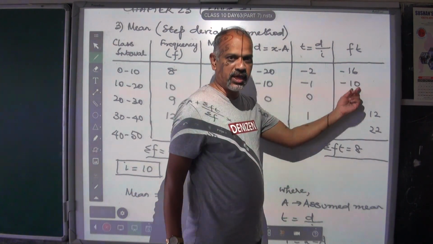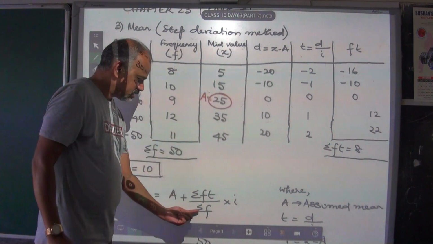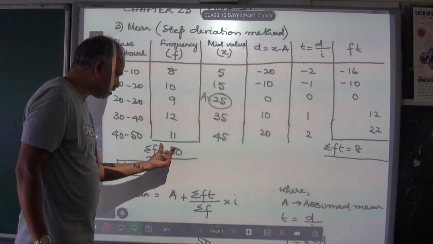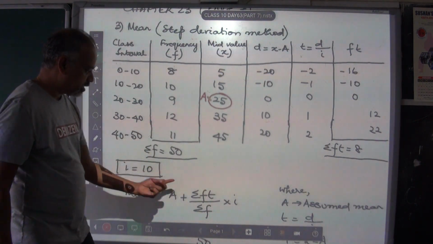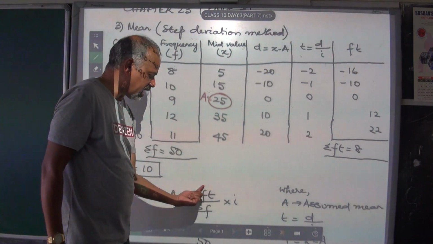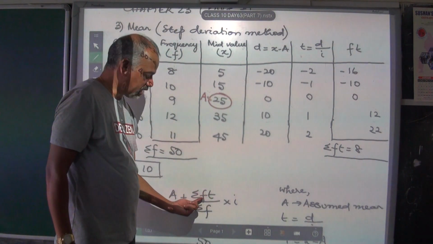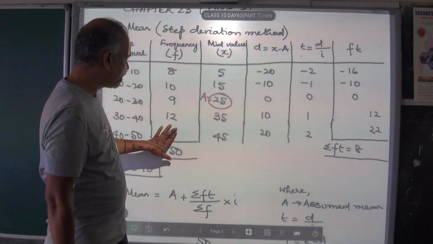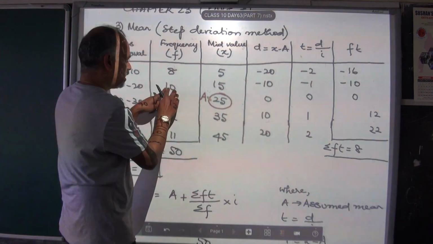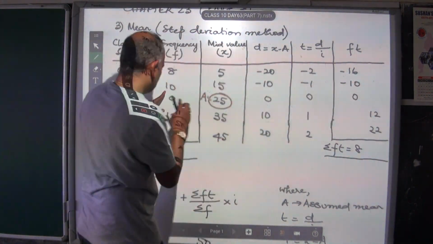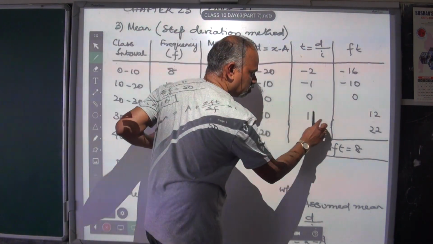And the last column that you have to find is, if you look at the formula, you need A, which is here, sigma f, add up all the frequencies, sigma f is 50, I value I have already written here, I is 10, and the only thing that you have to find is sigma ft, which means you have to multiply frequency with t value, f with t values. F is here, t is here, multiply both of them. 8 into minus 2 is minus 16, 10 into minus 1 is minus 10, 9 into 0 is 0, and 12 into 1 gives you plus 12.